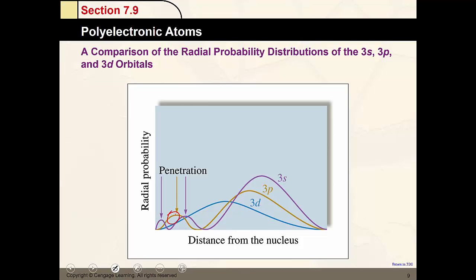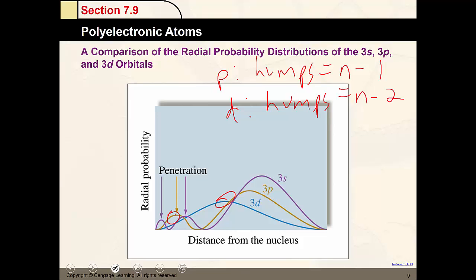So for p orbitals, the number of humps is the energy level minus 1. And for the d orbital, notice there's only one maximum here. The number of humps is the energy level minus 2. So for the third energy level, that's why there's only one hump for the 3d.